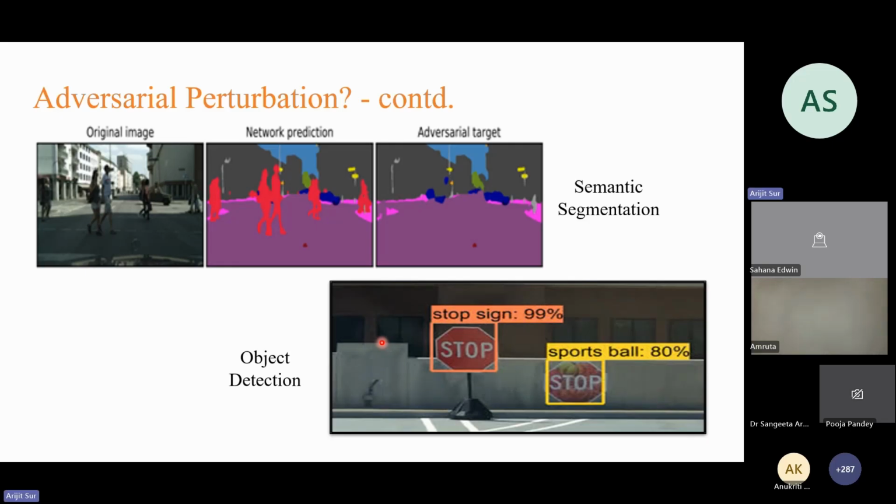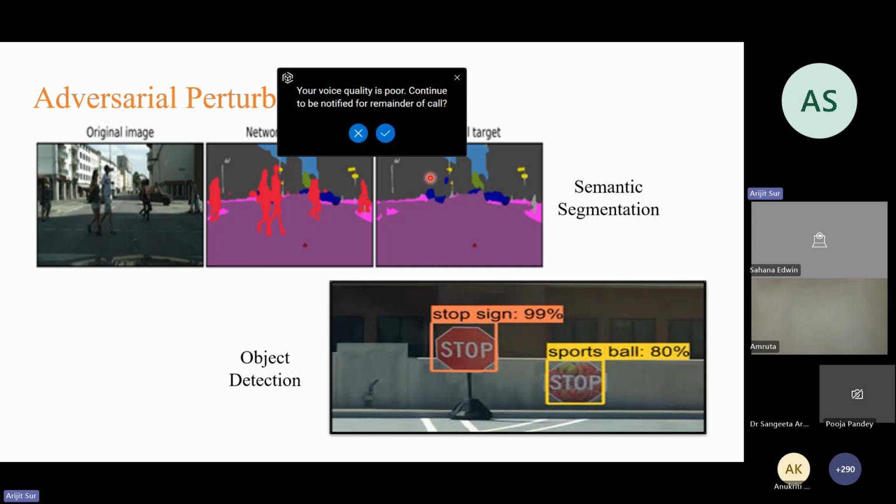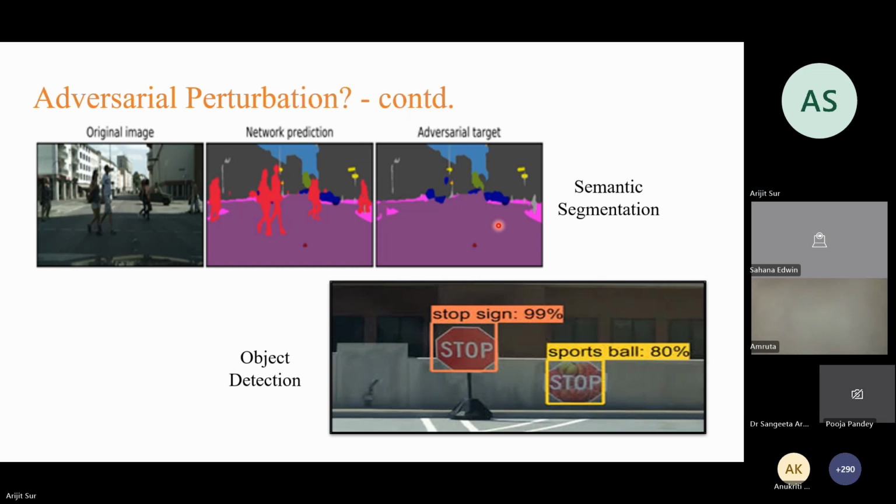Now here it is a semantic segmentation kind of thing, where we classify pixel by pixel per image. Generally, given the original image you get the correct output, but if you do it adversarially, you can get a completely missed or completely wrong output.